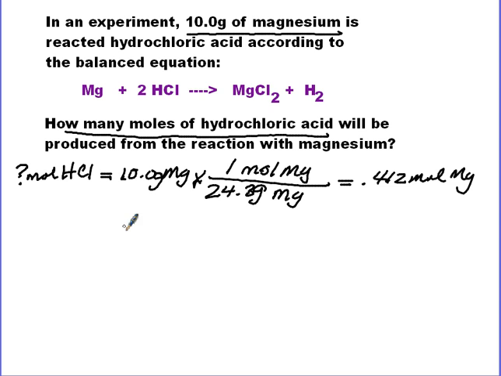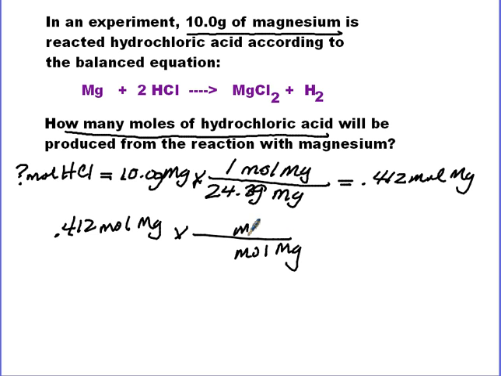Now that I have it converted into moles, I'm able to use my molar ratio for the next part of this. So I'm going to take my 0.412 moles of magnesium, and here's where I use my molar ratio. I'm going to put moles of magnesium on the bottom, and on the top I'm going to make my switch to hydrochloric acid.